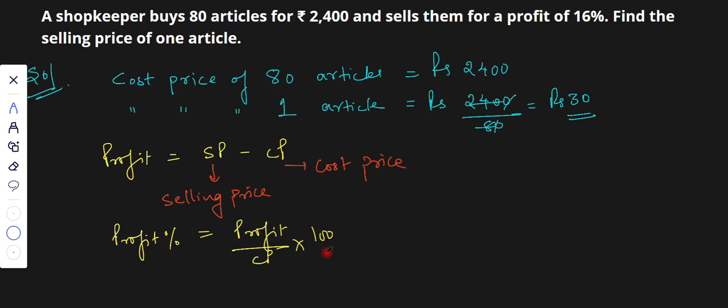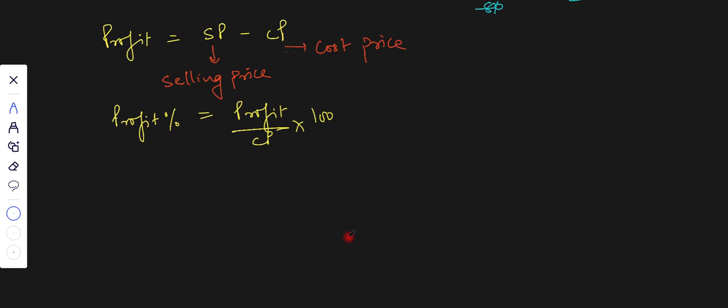So now what you can do is, I'll choose some different color. Profit is 16%. This is given that profit is 16%, and you need to calculate the selling price.